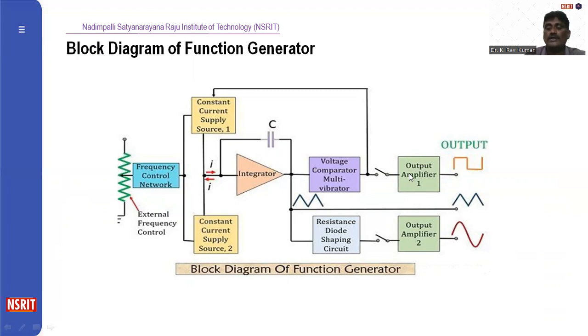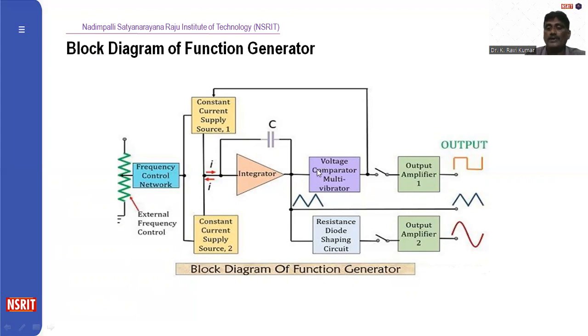If the current is greater than a predefined value, it will be connected to output amplifier 1 and produce the square wave. If the output of the integrator is directly connected, we get the triangular wave.